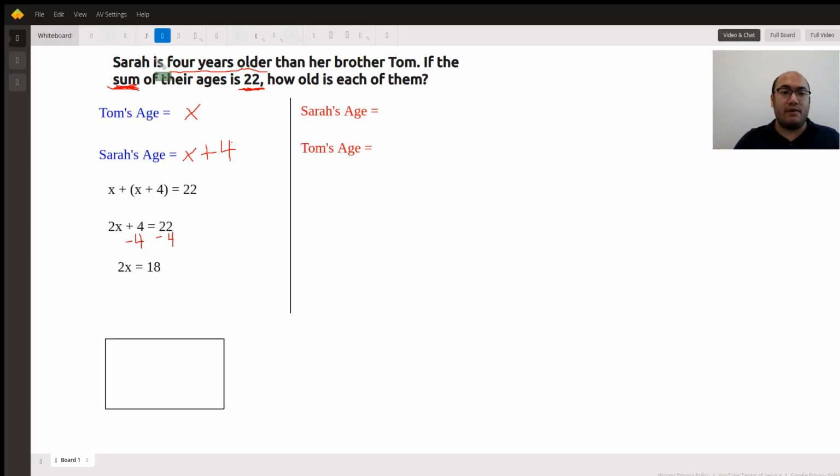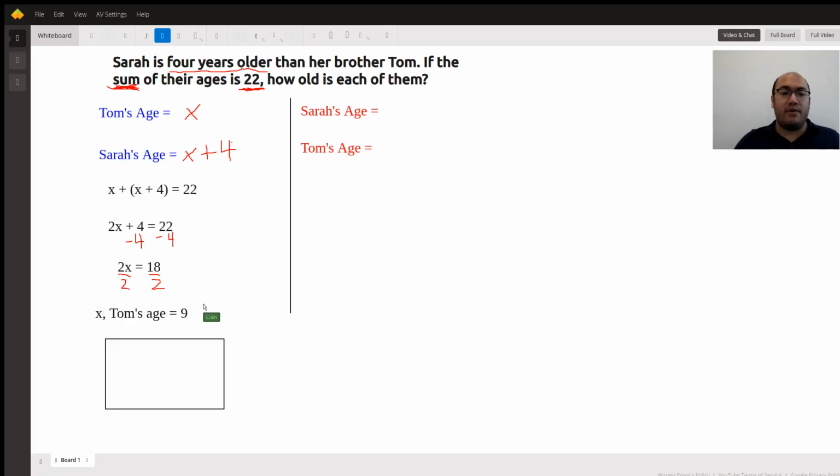Next, again, using inverse operations, I notice I've got a 2 in front of this x. I want to get rid of that, so instead of multiplying, I'm dividing by 2. I've got to do the same thing on the other side. So divide by 2, and then we're left with just x equals 18 divided by 2, which is 9. Now remember, this is just Tom's age over here.